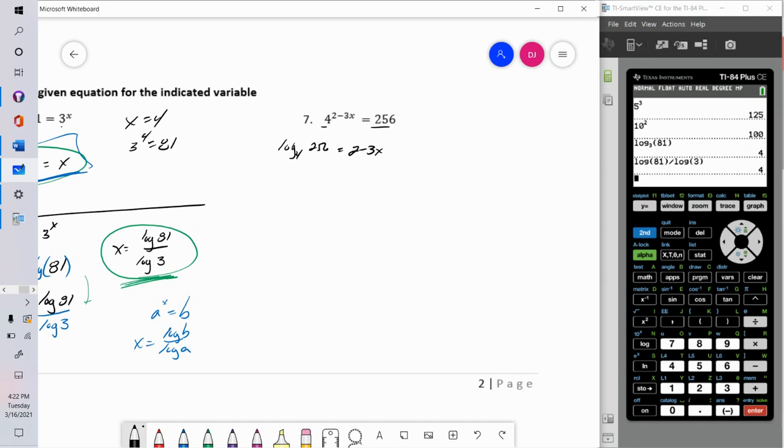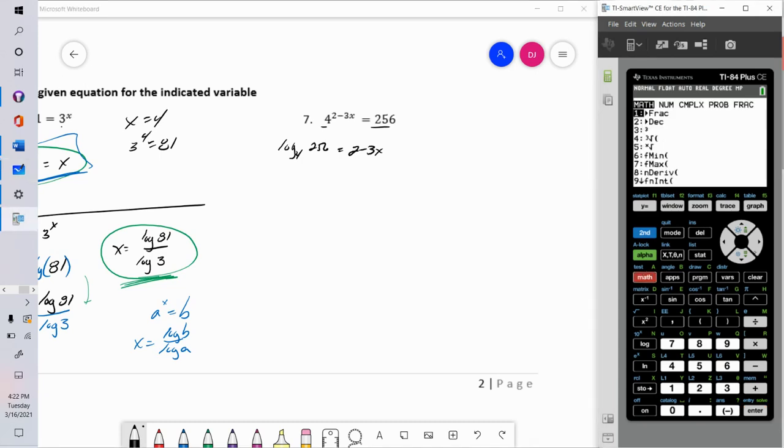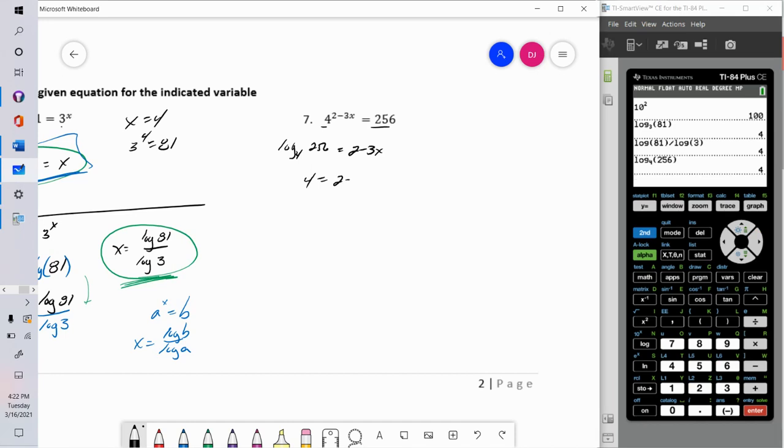Then I can go to my calculator, math, go down to option A, log base 4 of 256 is 4 again, so 4 is 2 minus 3x. I'm going to subtract 2 from both sides and divide both sides by the negative 3. So x would be negative 2/3.